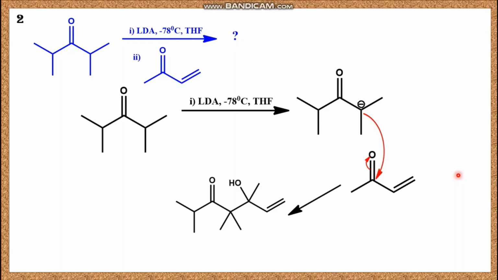If it is forming a beta hydroxy aldehyde or ketone, it is related to aldol condensation, or if excess base is present, then it will give an alpha beta unsaturated aldehyde or ketone. But only by practice can you identify these reactions.